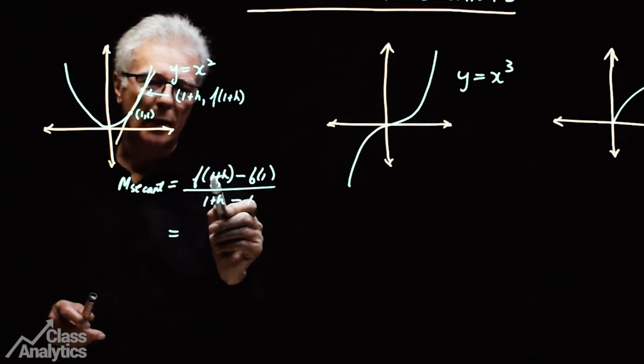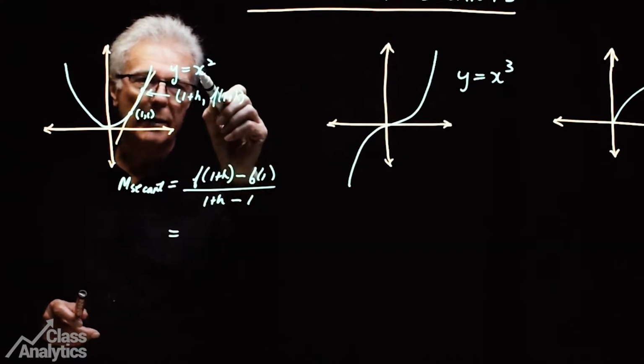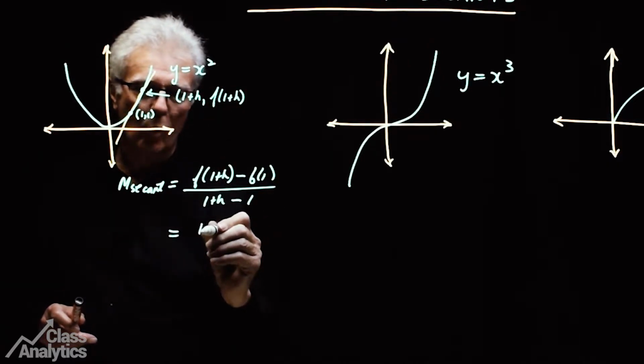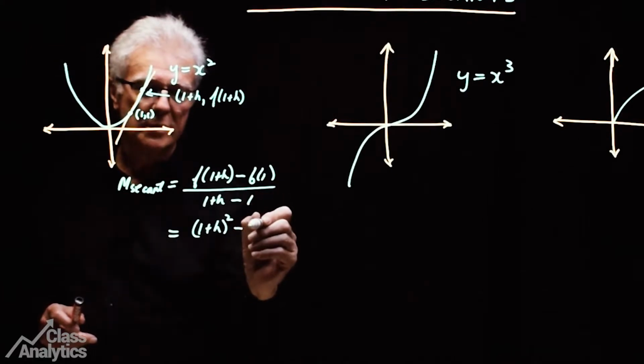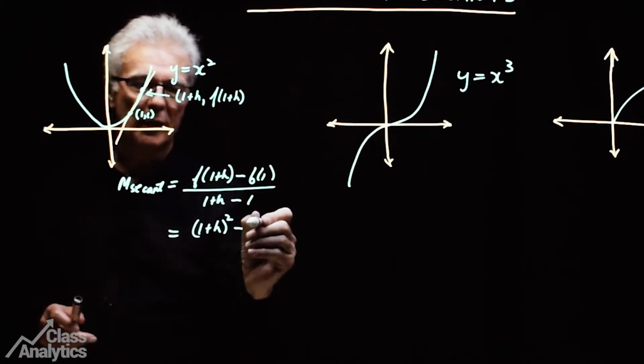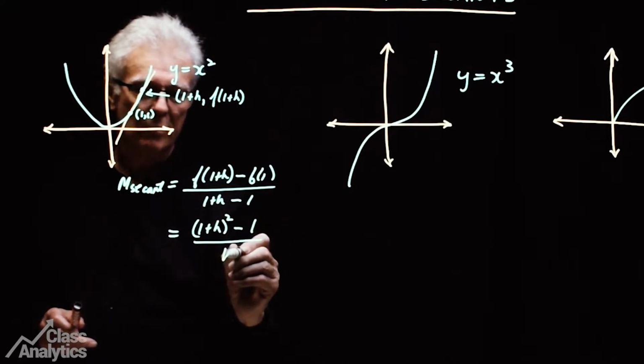Now, to work out what this function 1 plus h is, all you need to do is substitute that back into here, and we get 1 plus h all squared minus 1, this 1 squared, just 1, all over, and of course this simply becomes h.